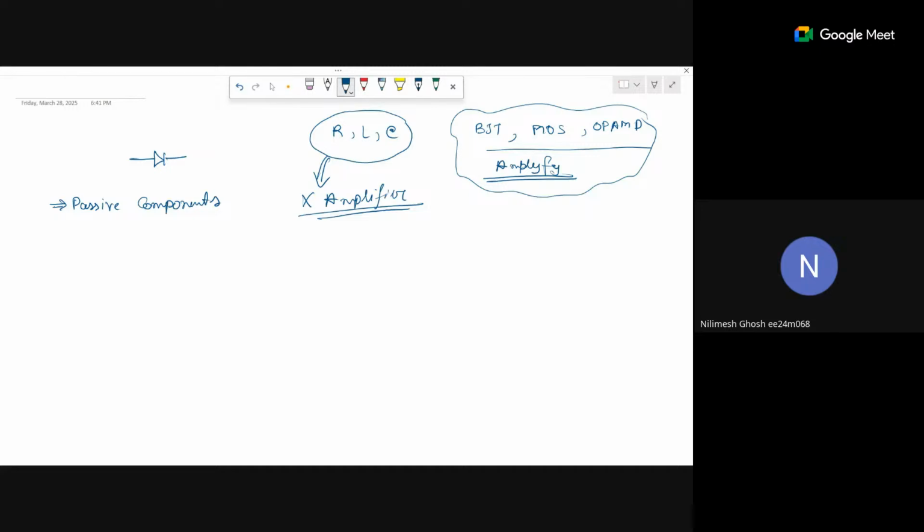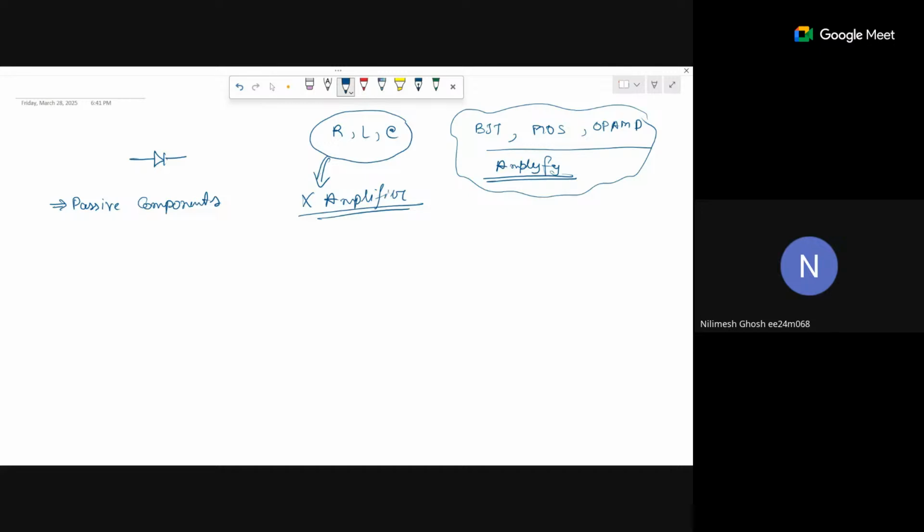Why? Because a passive circuit can give a maximum gain of 1, not more than that. A passive circuit cannot provide a gain of more than 1, so it cannot act as an amplifying circuit.